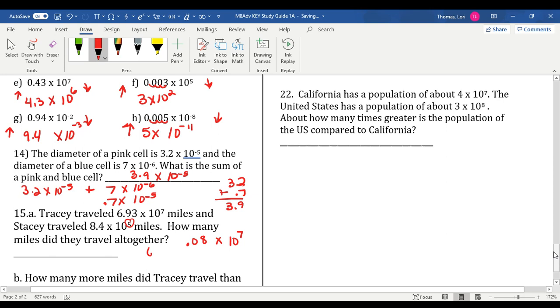And so we're going to combine 6.93 plus 0.08. And that gives us 3 plus 8 is 11. 1 plus 9 is 10. And 7. So 7.01 times 10 to the power of 7.